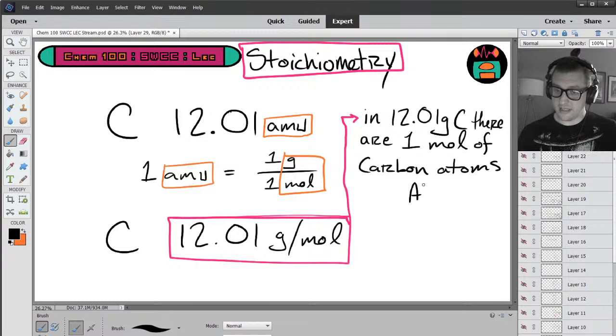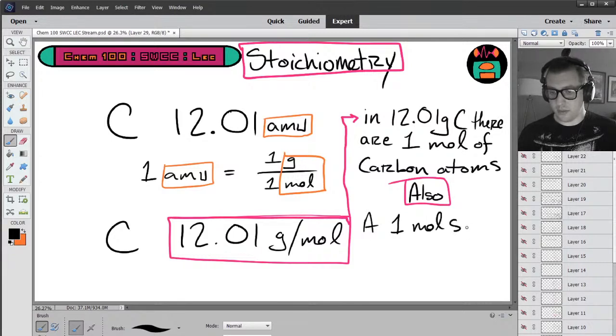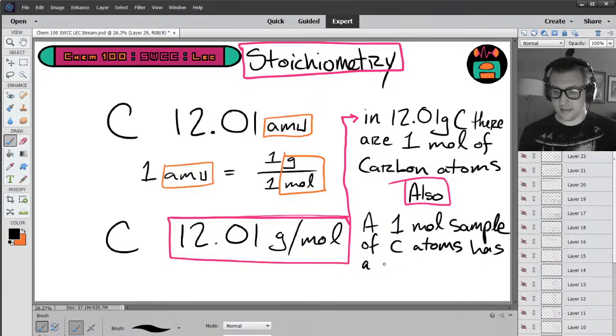It also means that a 1 mole sample of carbon atoms has a mass of 12.01 grams.